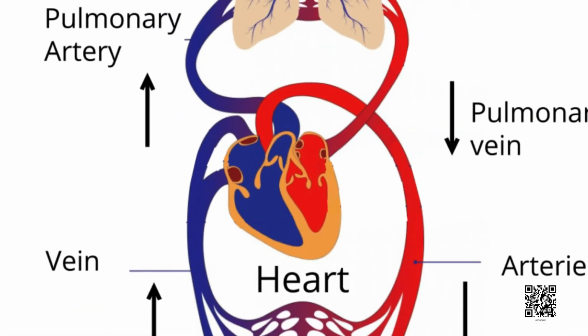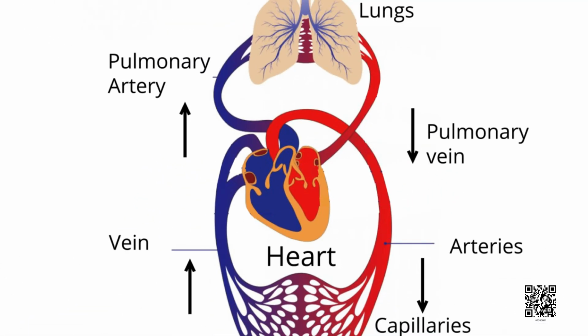The left ventricle pumps the oxygenated blood into the main artery called aorta for taking it to all the body parts. In this way, the cycle continuously moves on and blood regularly flows in our body.